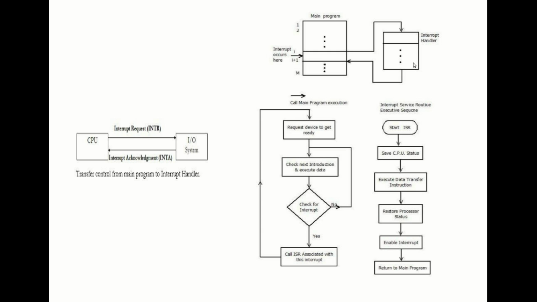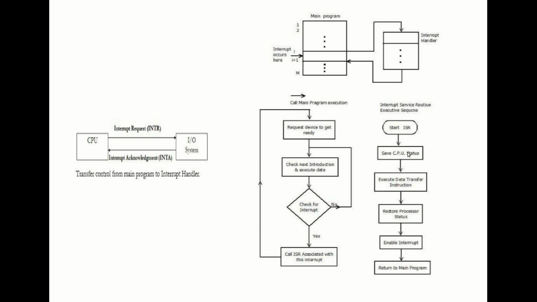And not only that, all the registers and flags that are used by the main program will also be used by the interrupt handler. So before branching to the interrupt service routine, the current status of the main program will be saved, then it will branch.